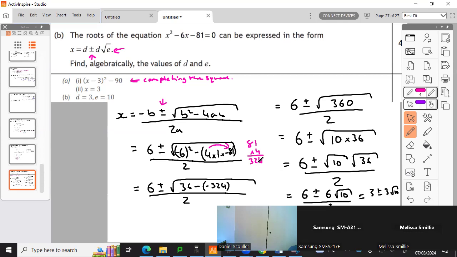Another bit that might throw you is when you get root of 360. Now, that's a big number, I get that. But hopefully, because you're trying to find a squared number, that 36 jumps out at you, because I can root that and get 6.